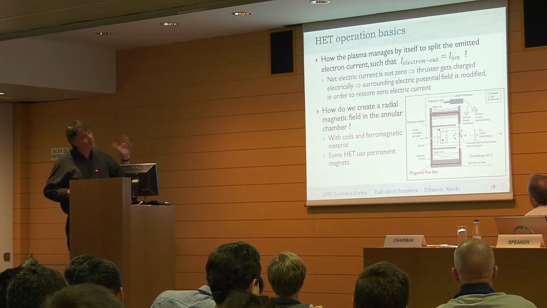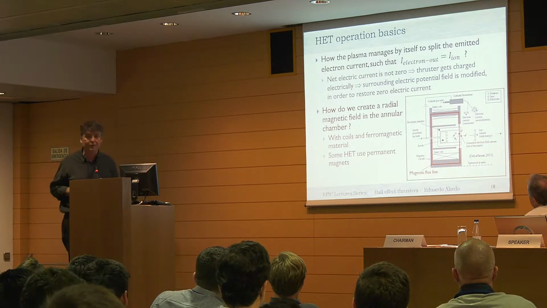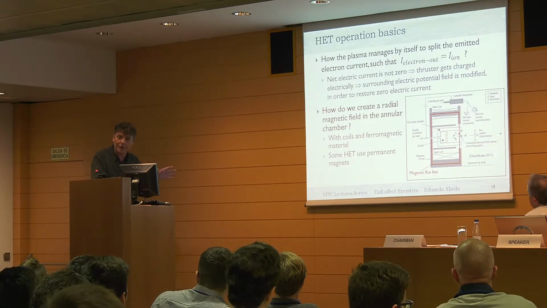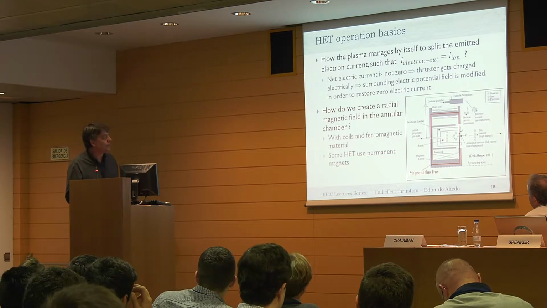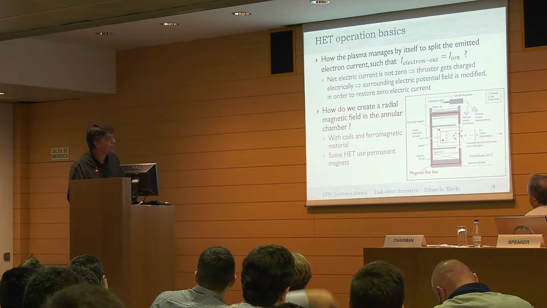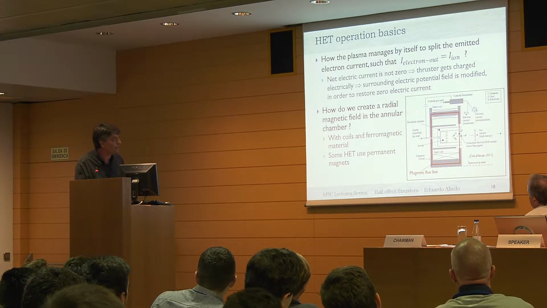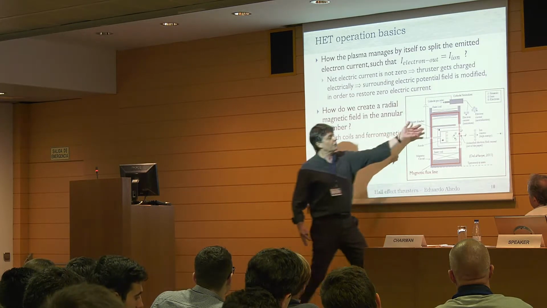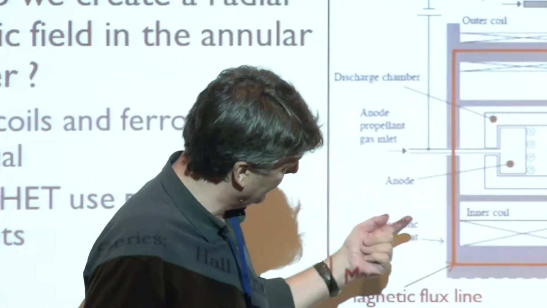Well, then changing to another aspect, the magnetic field. We have a magnetic field here. First, let's see how we create it, and then we'll see why we need it. We create it with coils. In this case, you have one coil here. Sorry, this is the axis of symmetry. We have a structure like this. We have one coil here, we generate a radial magnetic field.